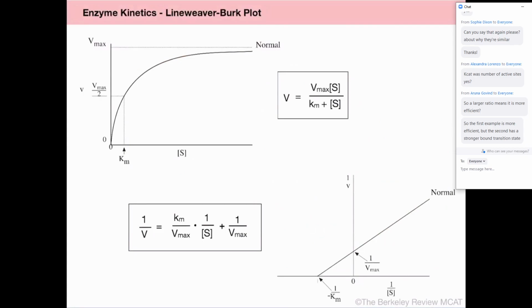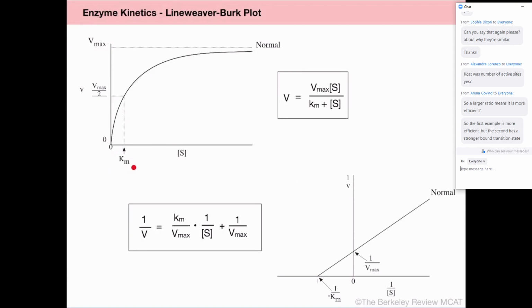Okay. So, right, we've used the Michaelis-Menten equation, and that allows us to graph velocity as a function of substrate concentration. Okay. And we really want to understand Km. This is a very important number, right?